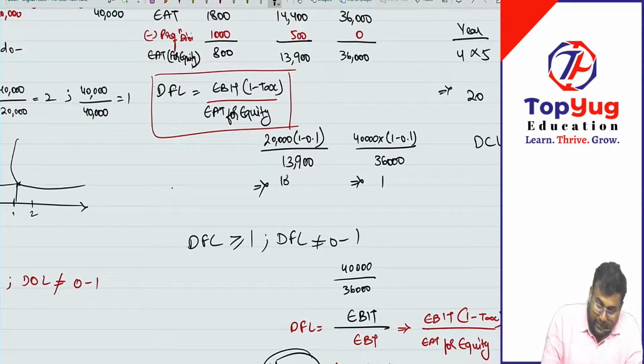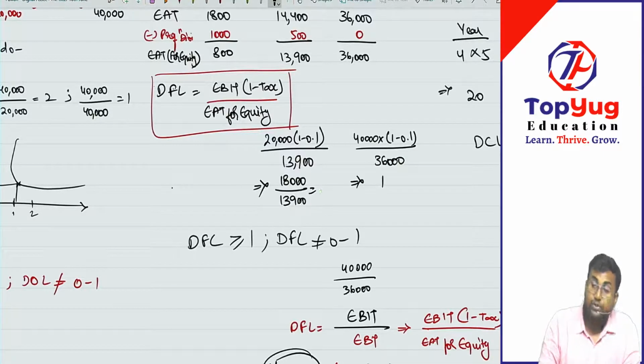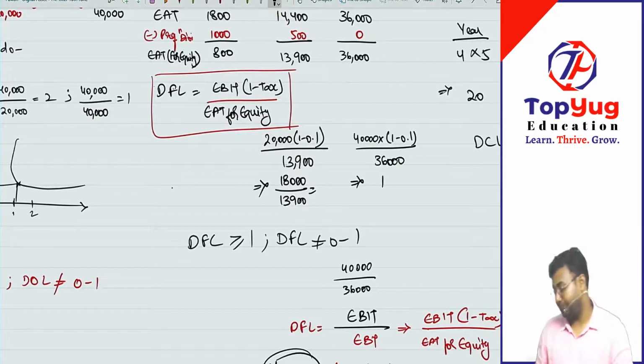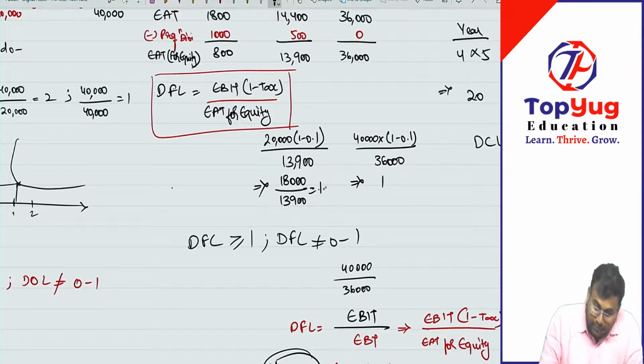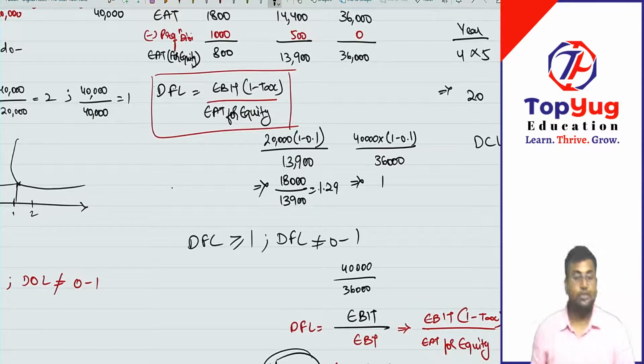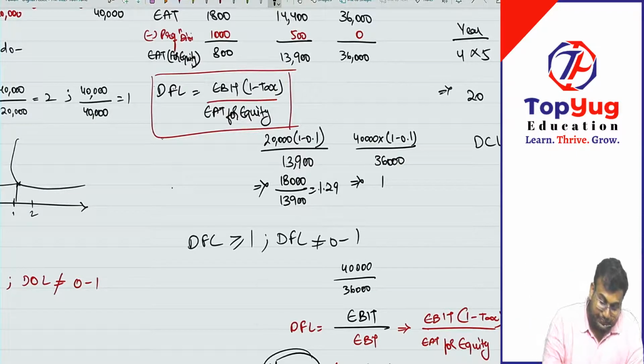So that would be 18,000 divided by 13,900. So how much? 1 point, I'm just using up to 2 decimals. 1.29 for the second year.